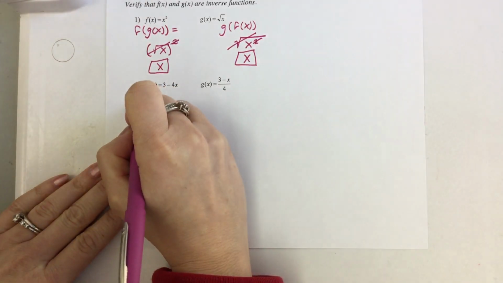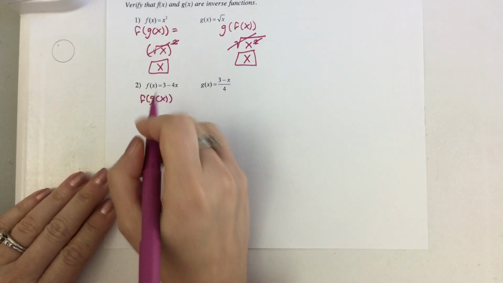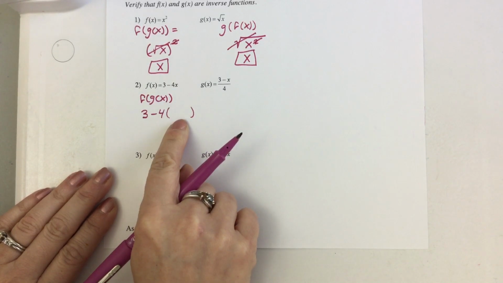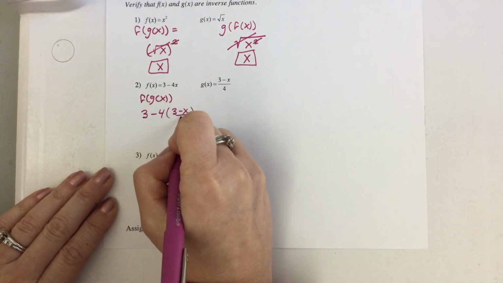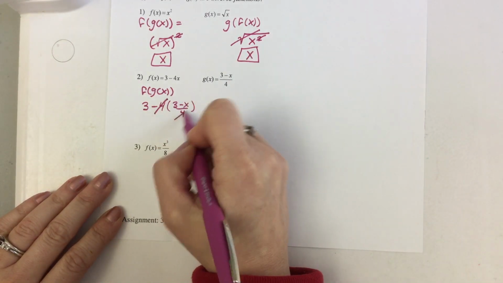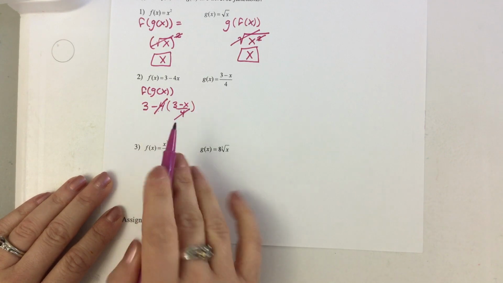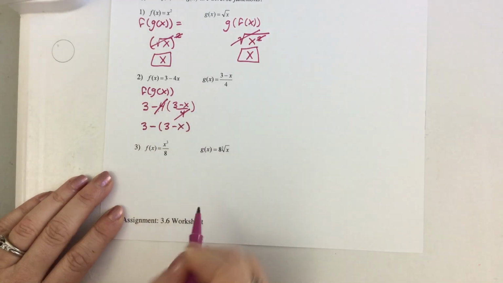Okay, let's do another one. F of g of x. So I take the f function, 3 minus 4x, where x is, I have to fill something else in. I'm filling in this, 3 minus x over 4. Now when I simplify, this cancels this, you guys. Check that out. Because if you multiply by a denominator, what this would look like now is 3 minus the quantity 3 minus x.